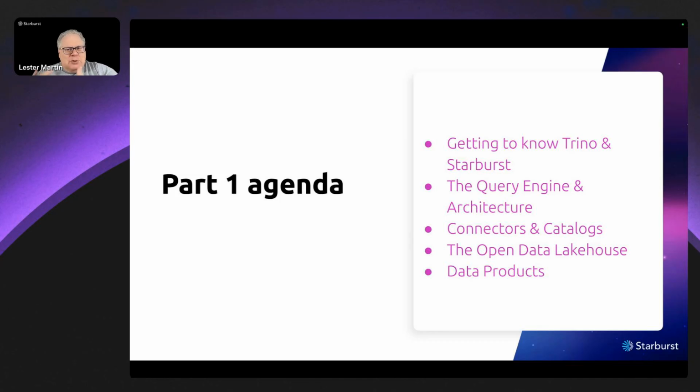All right, so like I said, get to know Trino, get to know Starburst, talk about the query engine itself, how it functions at a high level, and then talk about some of the more interesting things that make Trino and Starburst special, which is the fact that we can connect to a variety of data sources.